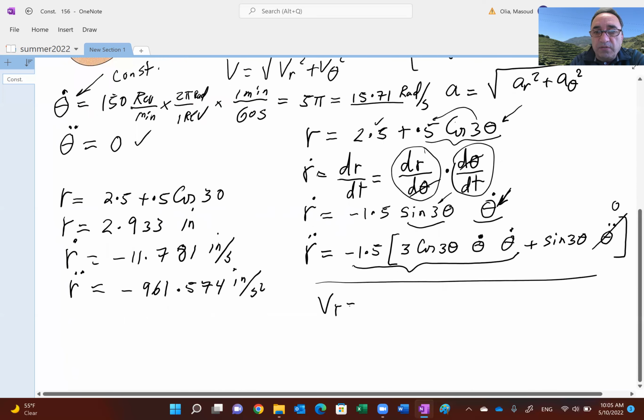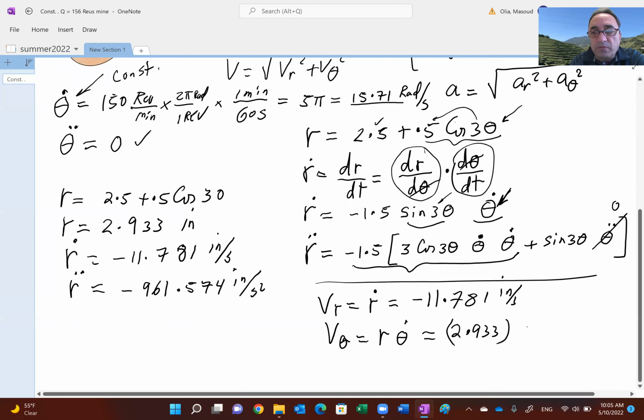So V sub R is R dot, which is simply this guy, minus 11.781 inches per second. And V sub theta is what? R theta dot. So go ahead and multiply R, which is 2.933, times theta dot, which is 15.71. So V sub theta comes out to be 46.1 inches per second.